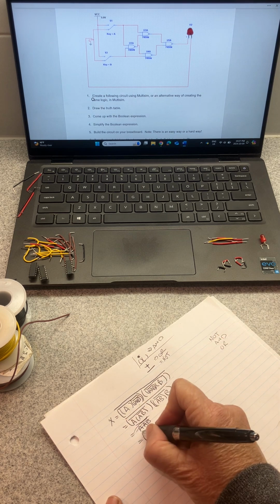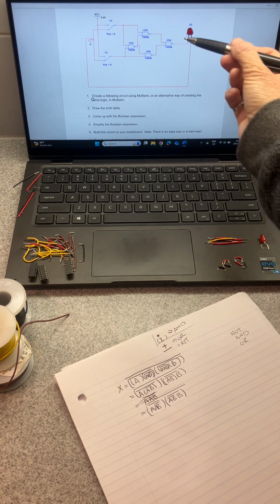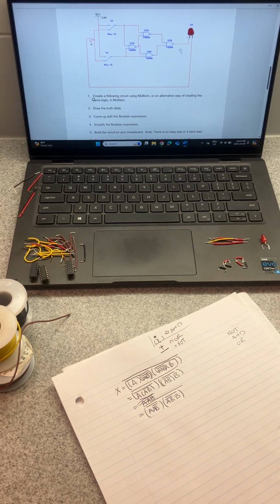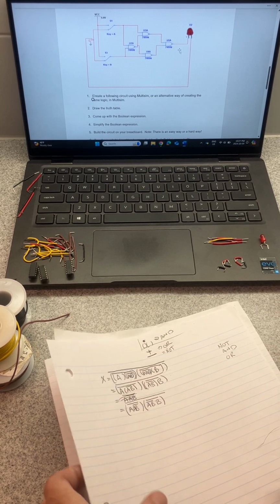And everything went through that inverter. I see it right there, everything going through that inverter. So it has to have this line all the way out across the top.